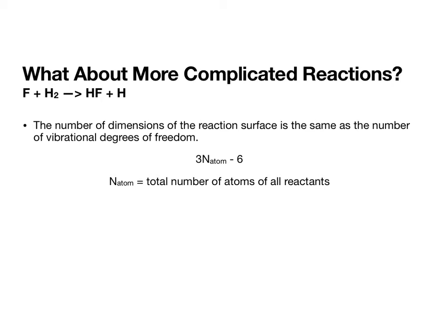And so if we think about this reaction where we have the fluorine atom reacting with hydrogen gas to produce hydrofluoric acid and a hydrogen atom, our number of dimensions is going to be equal to 3 times 3 atoms minus 6, which will be 3 dimensions.